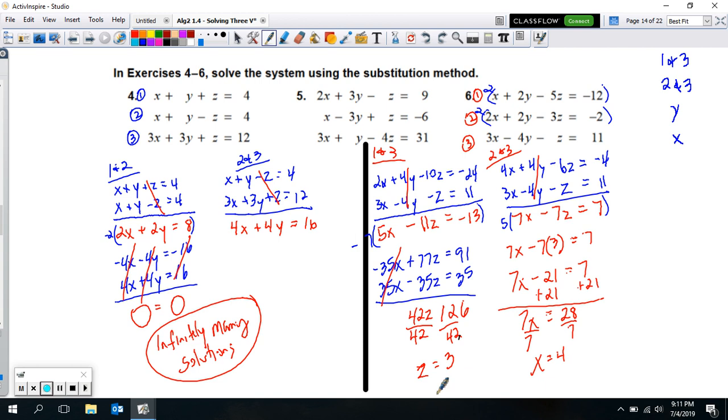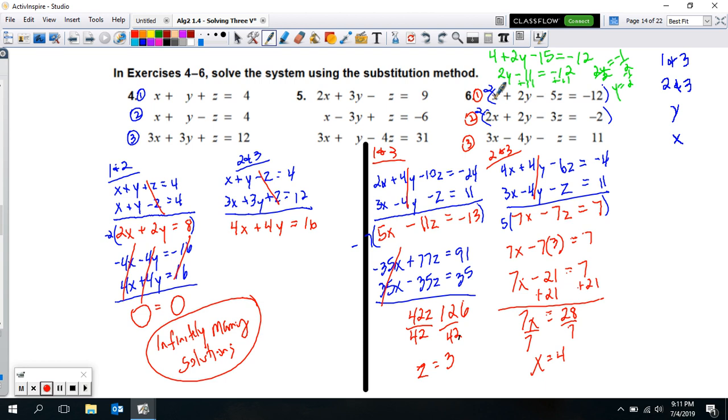And then we just have to take these two, 3 and 4, and go back to one of your original equations. Again, you could have chosen a different one than I did and still get it right. I think I chose the first one, yeah, the one with negative 12 at the end. So I did choose equation number 1.